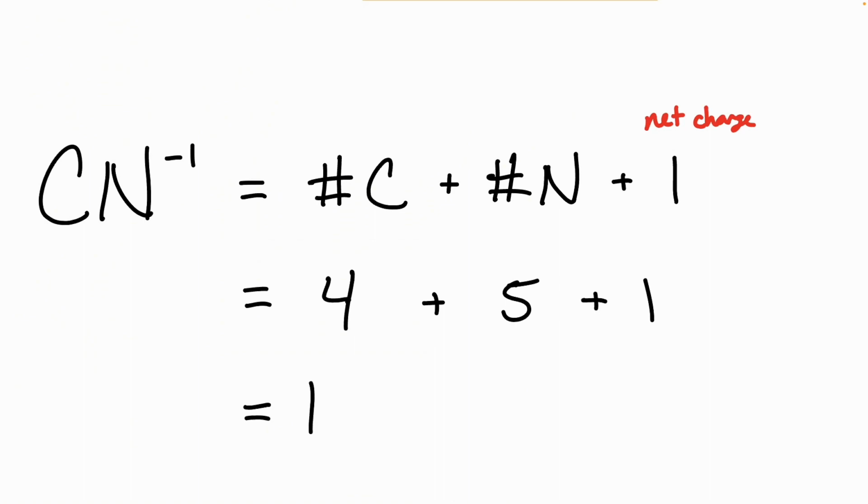So if I were to total up the number of valence electrons that I have in this compound here, I have a total of 10 because I'm going to account for that extra one that I have because of the net charge on that ion.